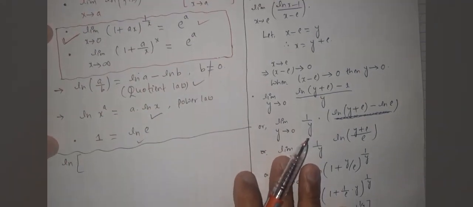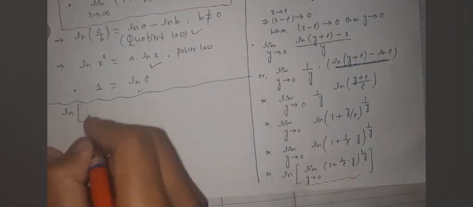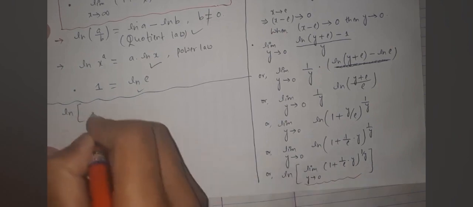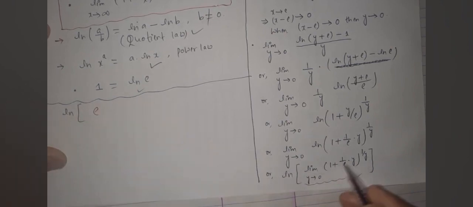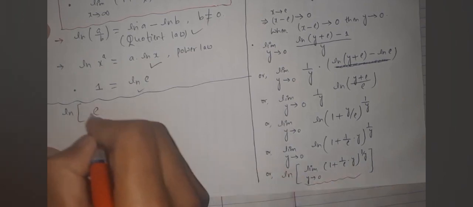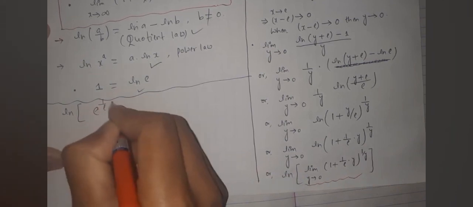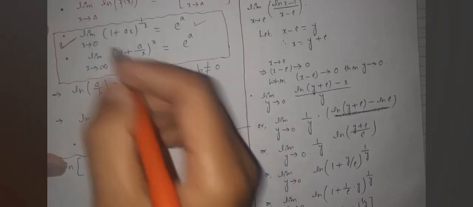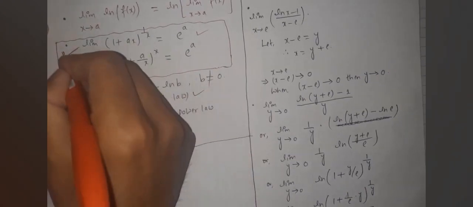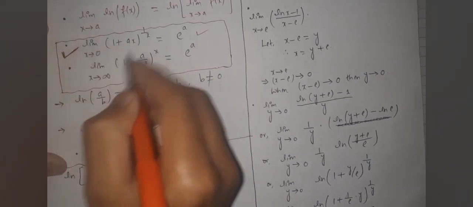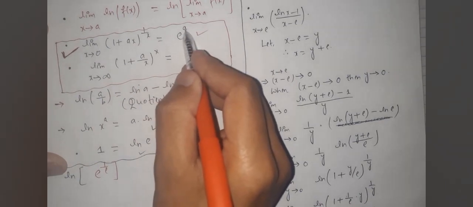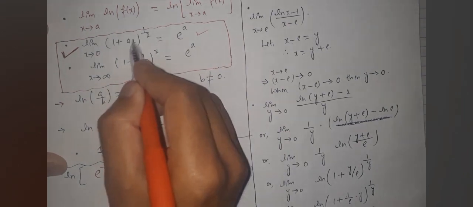Let's use this formula. This can be written as ln of e to the power of the coefficient of the variable. Here the variable is y and its coefficient is 1 over e, so e to the power 1 over e. Here we just use this formula of the Euler number. We have to put on the power of e such that a is the coefficient of x.